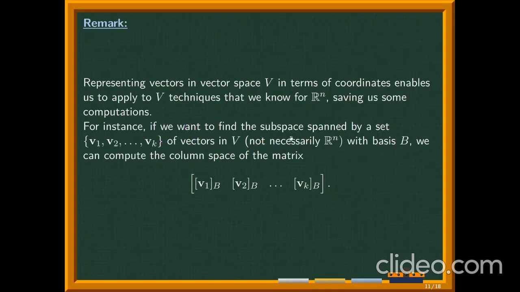So if we want to find the subspace spanned by a set of vectors in V, then what we can do is compute the coordinate vectors of these guys with respect to basis B. Okay, so we will be able to represent them as column vectors, and the answer to the problem will be obtained by simply computing the column space of this matrix, where the columns are the coordinate vectors of these vectors.